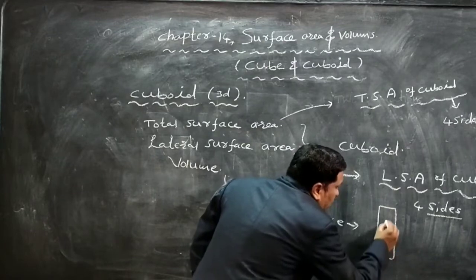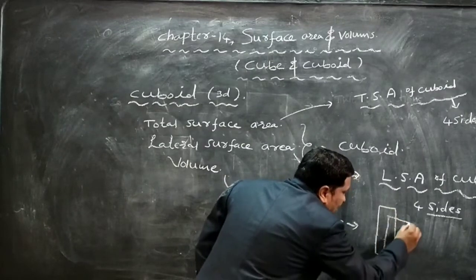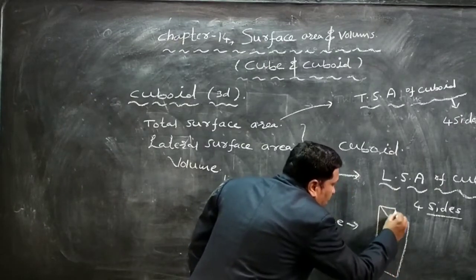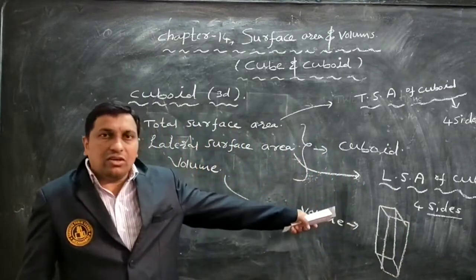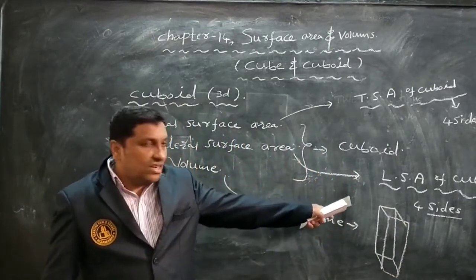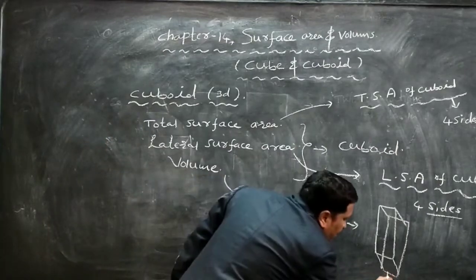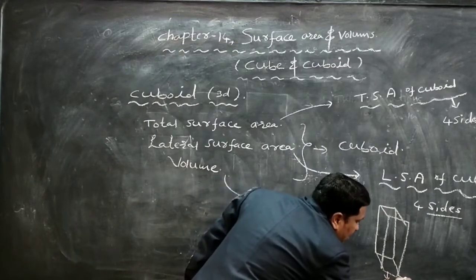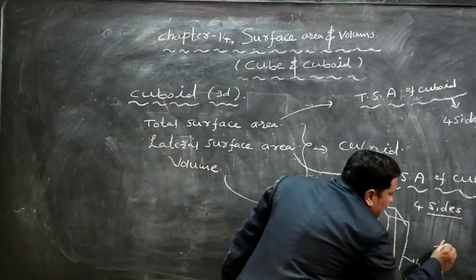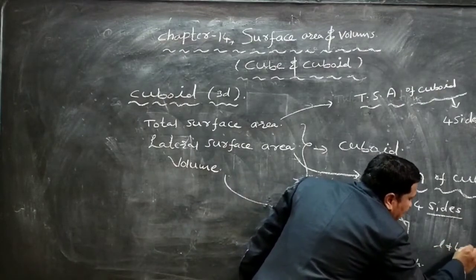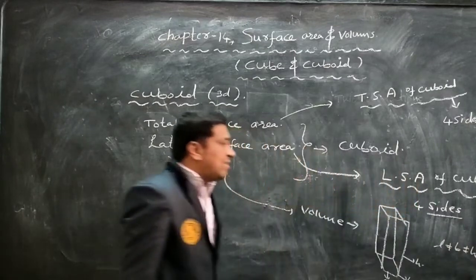So for value, let's take this toothpaste box. This one is length, this one is breadth, this one is height. Here L is not equal to B and B is not equal to H, so this is a cuboid.